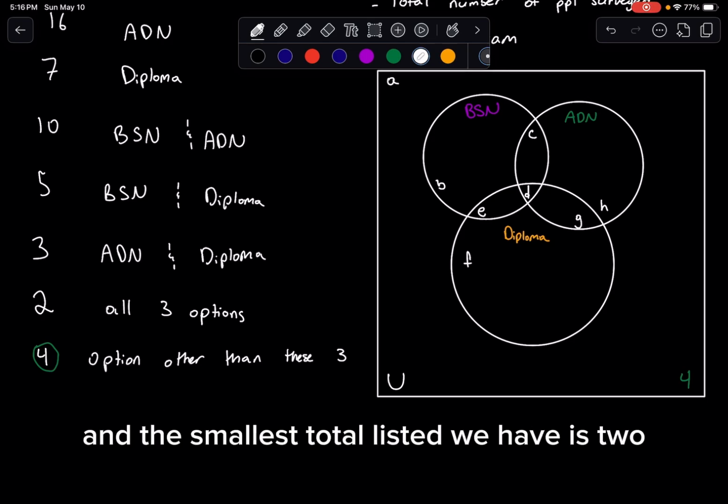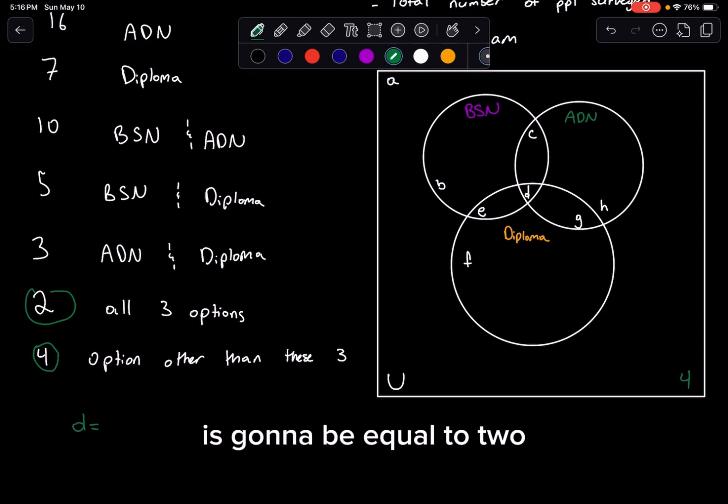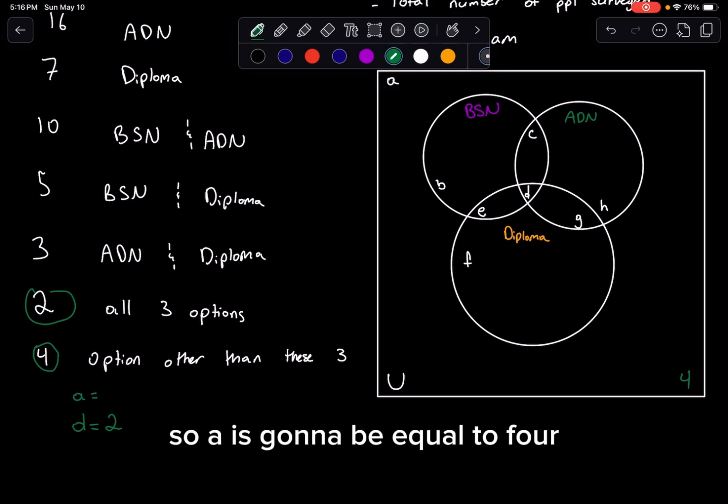And the smallest total listed we have is 2, who like all 3 options. So D is going to be equal to 2. And then we already know the 4 that don't like any of the 3 options must go in A. So A is going to be equal to 4.